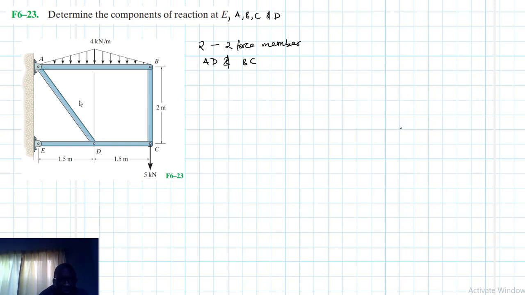And then once you've drawn a free body diagram, we are going to dismantle this particular frame. We'll start with AB, and then later on transfer the forces to the other members.